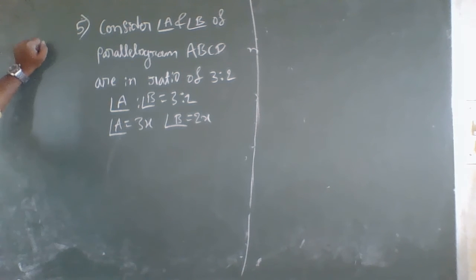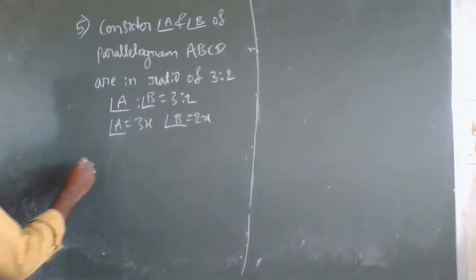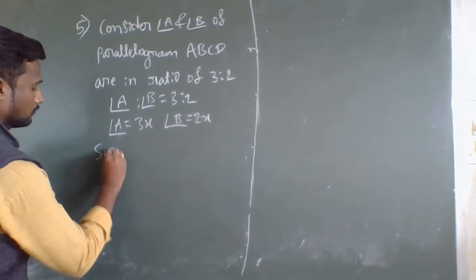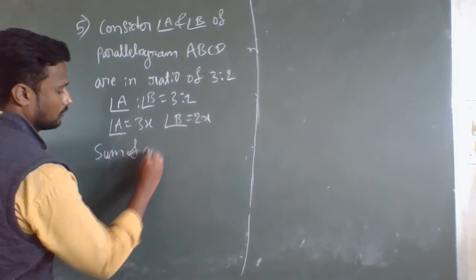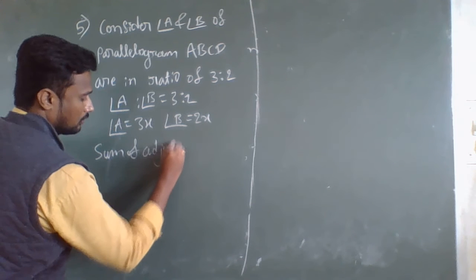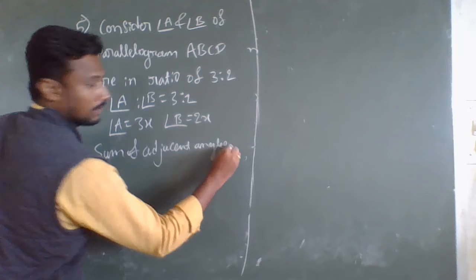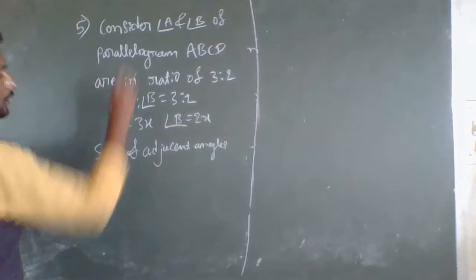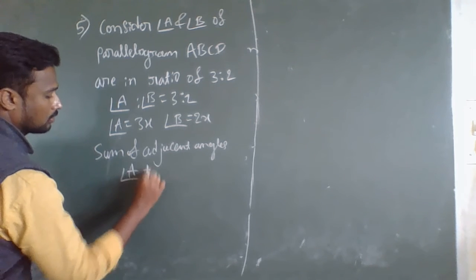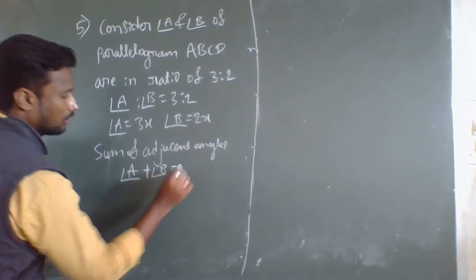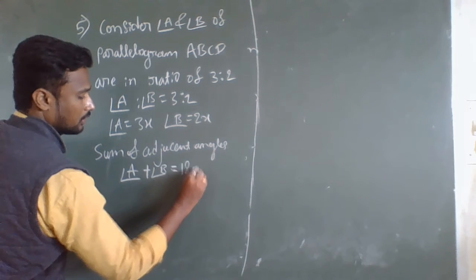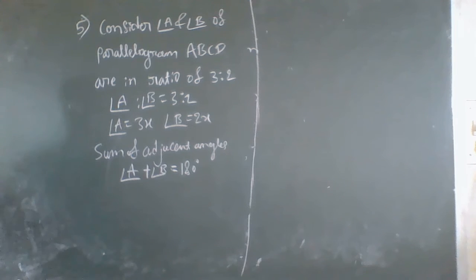We all know the sum of adjacent angles is 180 degrees. So angle A plus angle B is equal to 180 degrees in a parallelogram.